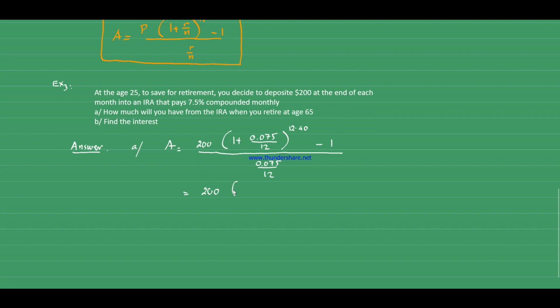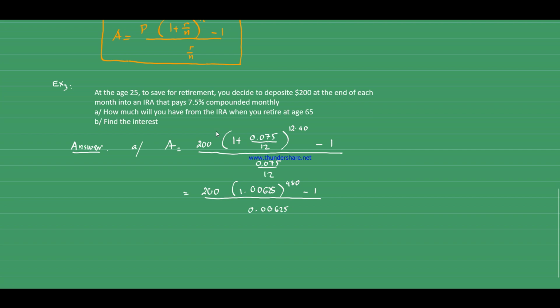Over here you're going to have 1.00625, raised to 12 times 40, which is 480, minus 1, over 0.075 divided by 12, which is 0.00625. Then you multiply by 200.